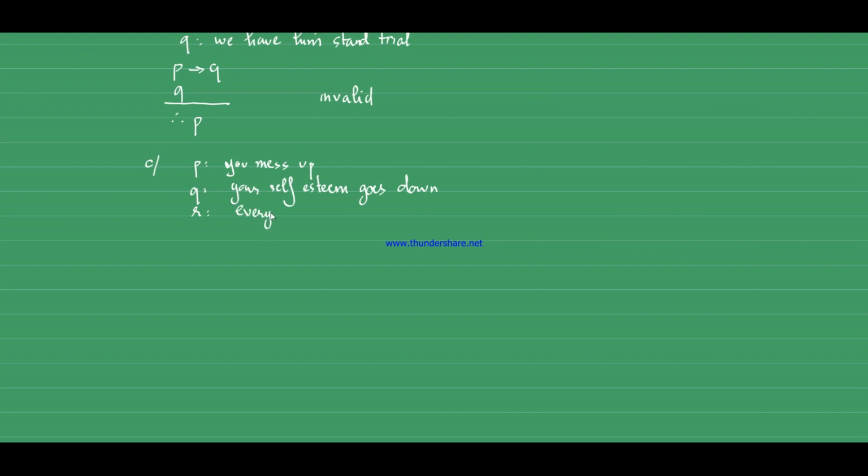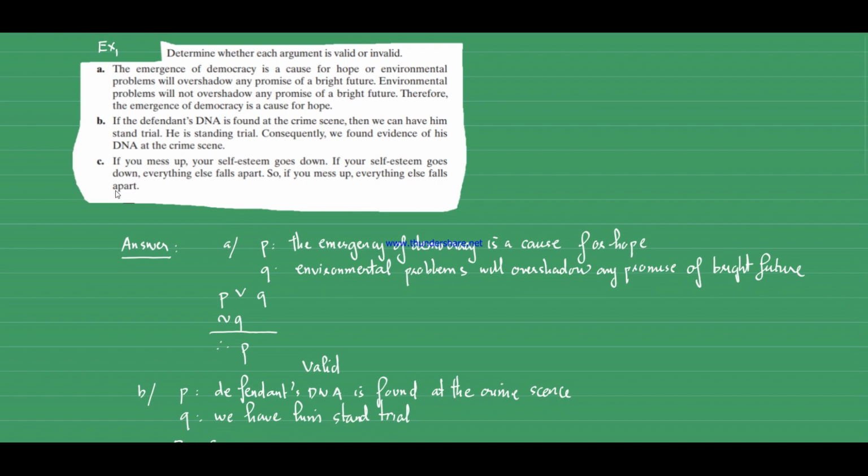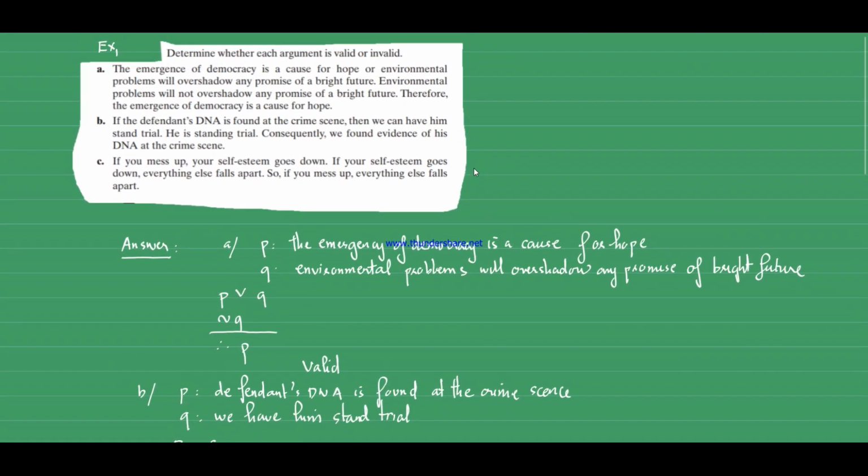P implies Q, Q implies R. So if you mess up, everything falls apart, so we have P implies R. This is transitive reasoning, so this is valid, definitely. Okay, pretty easy. Very easy.